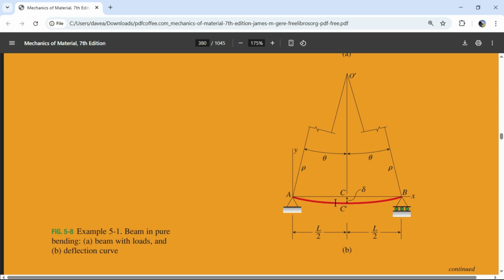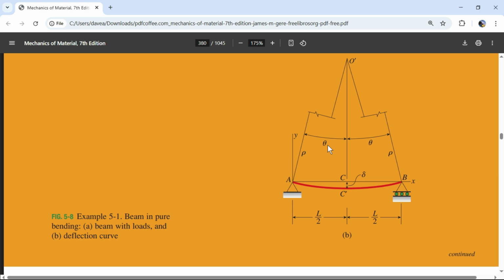And then you can find theta, because if theta times radius is L divided by 2, we can just solve for theta. That's going to be L divided by 2 divided by the radius.